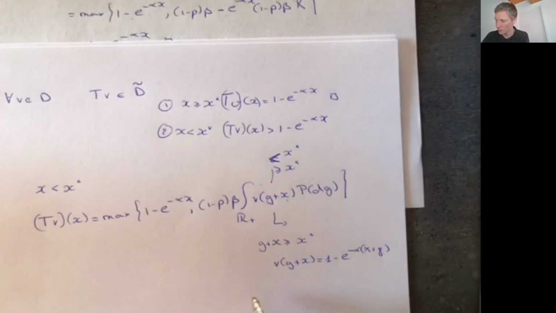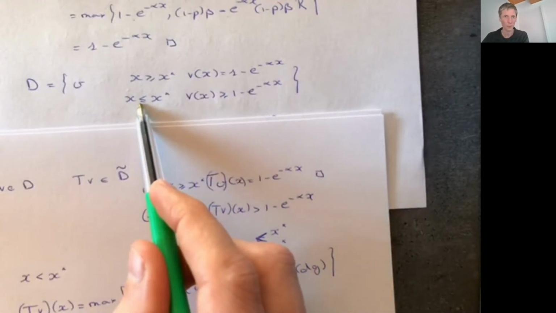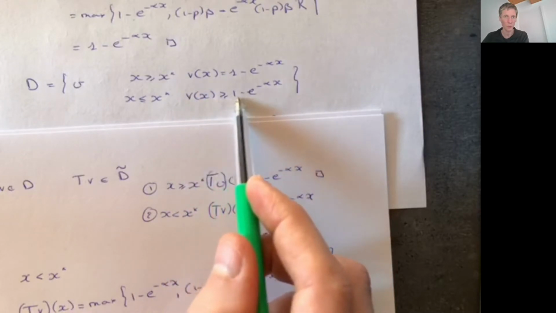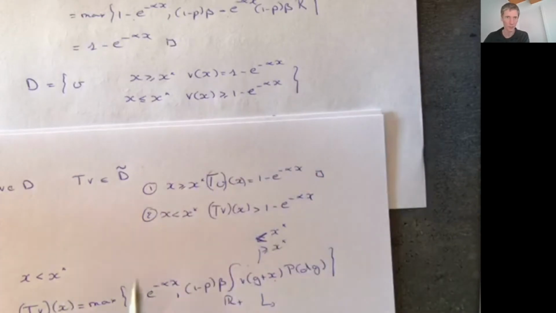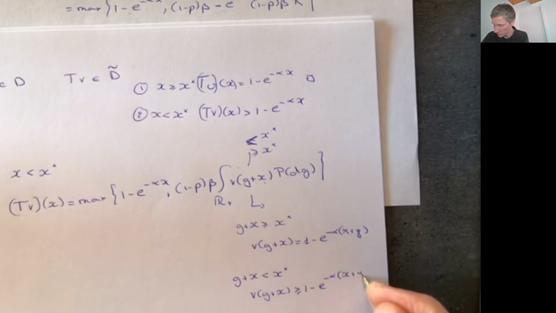And if g plus x is smaller than x star, then it's in this category. So I know that v of x plus g is greater or equal to 1 minus e to the power minus alpha times x plus g. Okay, then it's bigger. So I know v of g plus x is greater or equal to 1 minus e to the minus alpha times x plus g, right?